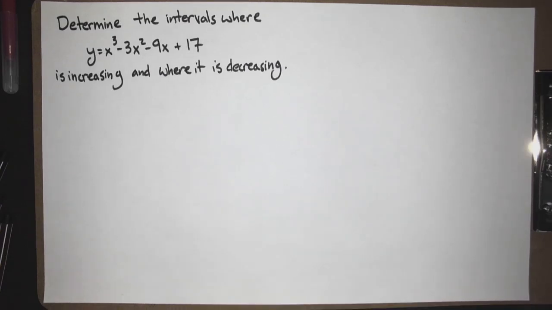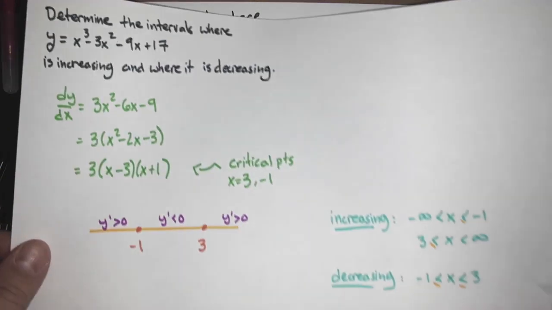Maybe a simple check. Does someone have the interval where it's decreasing, or one interval where it's decreasing? All right, I see somebody cautiously raising their hand. -1 to 3? Sounds good to me.